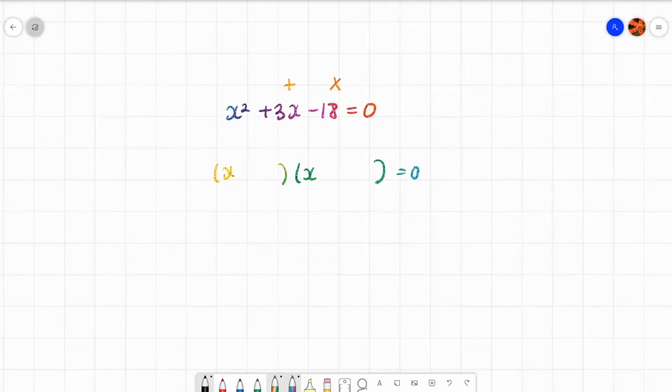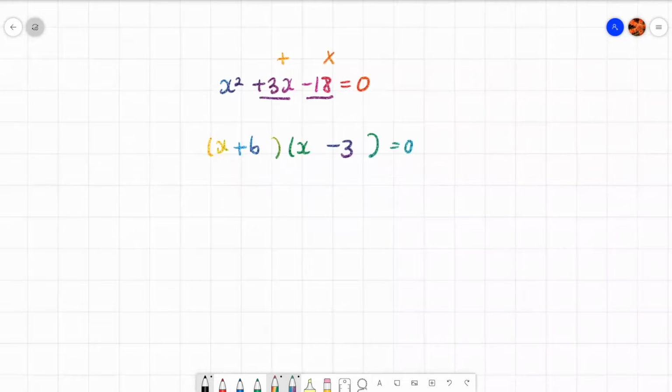Okay, so the numbers that times to make 18 are 6 and 3. Can I make the number 3 from 6 and 3? I can't. I can do +6, take away 3. 6 take 3 is +3, and 6 times -3 is -18 because a positive times a negative is a negative.